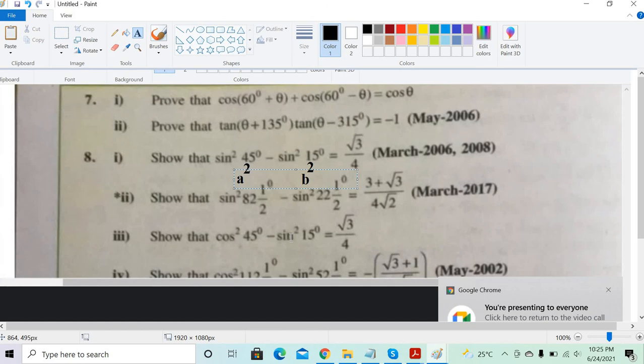If you don't remember the sine 15 value, then you remember 60 and 45. So sine 105 can be given as sine 60 plus 45. So you apply the sine A plus B formula. All the standard angles, apply it.